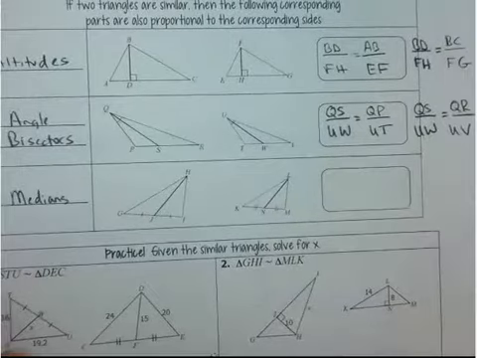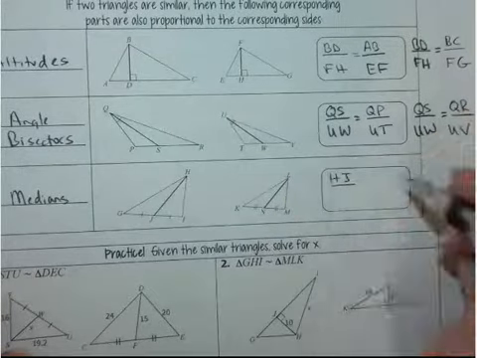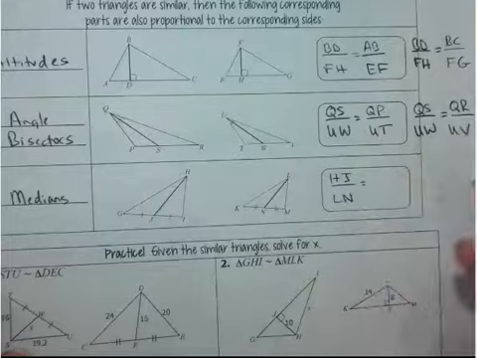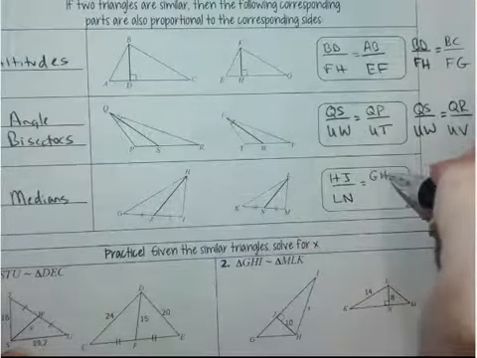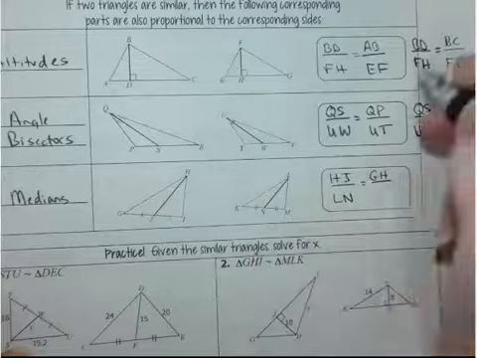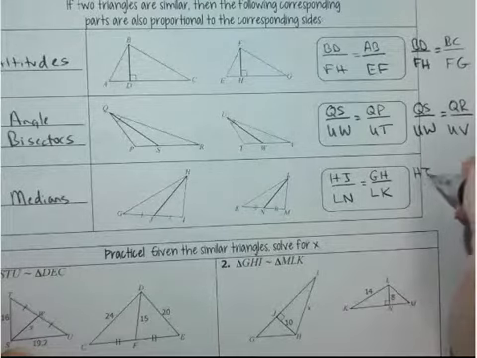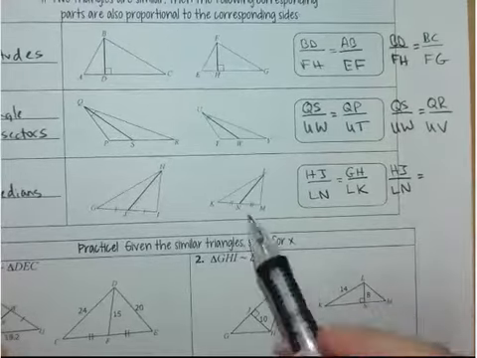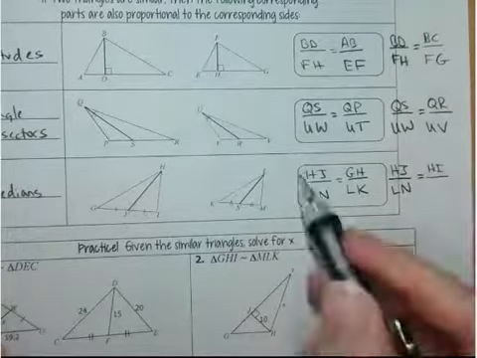So for the medians, we're going to say that our median, HJ, over LN is equal to, and we're going to grab one of the sides, GH, over LK. And then we can also say HJ over LN is equal to HI over LM.